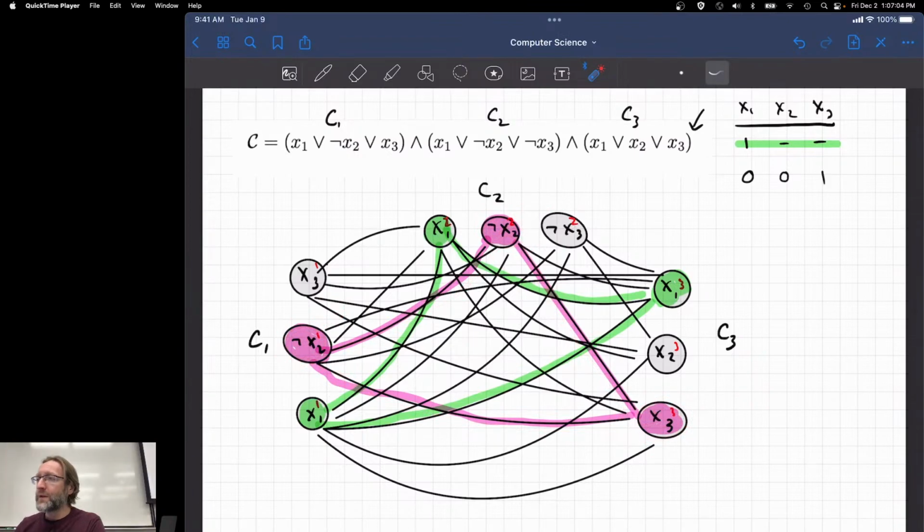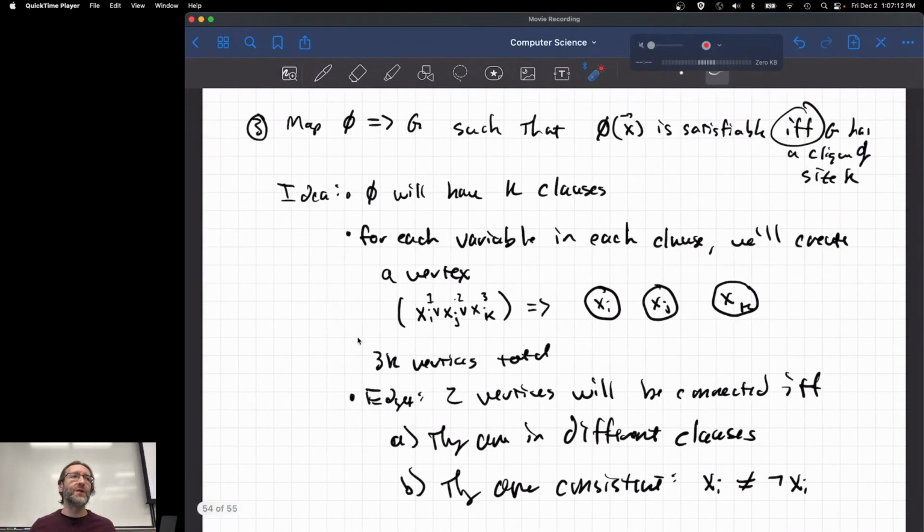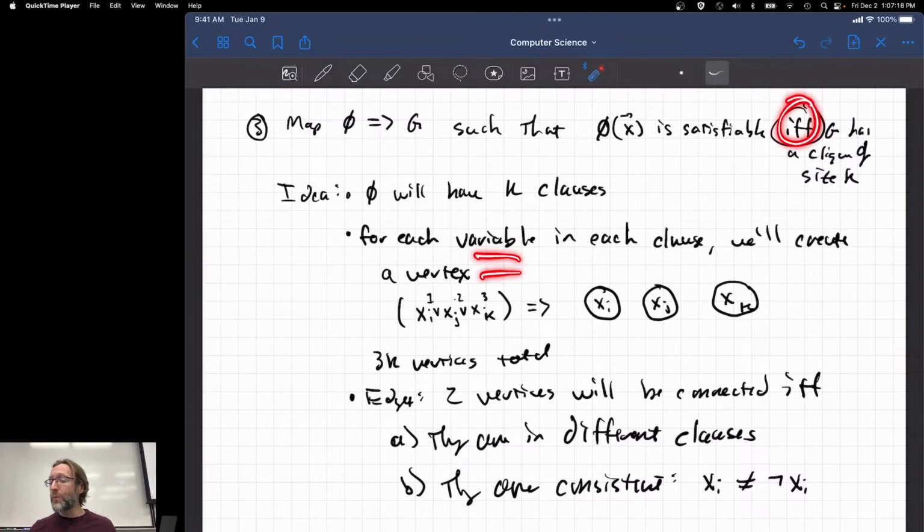Right? So the full proof is in the book if you want to take a look at it. All it is is reasoning that by way of this construction, you can work both ways. Now if it's an if and only if statement, you do need to prove both ways. That given a propositional formula that is satisfiable, it implies that there is a clique of size k.